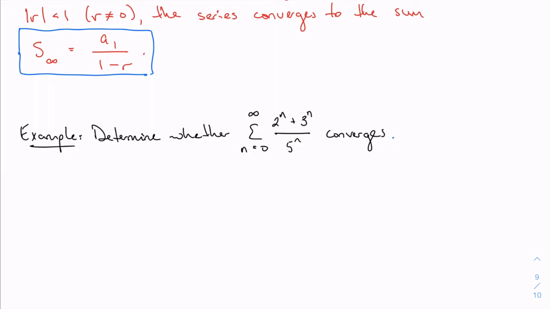Well, sums and limits are closely related. So the first thing I'm going to do to simplify this a little bit is to split this up and divide through. I can take my 2 to the n plus 3 to the n over 5 to the n and split it up as 2 to the n over 5 to the n plus 3 to the n over 5 to the n.